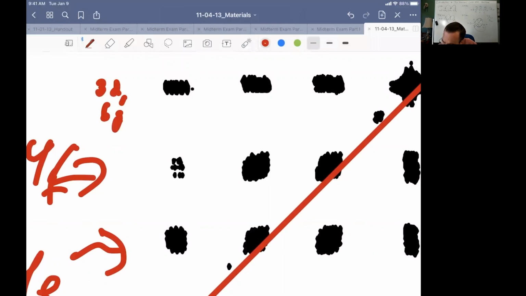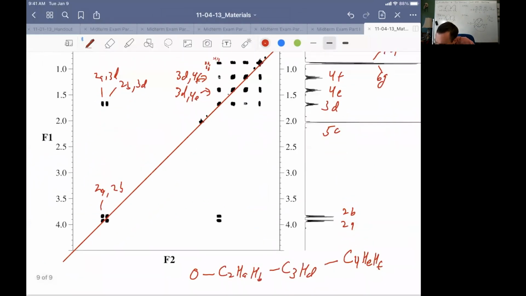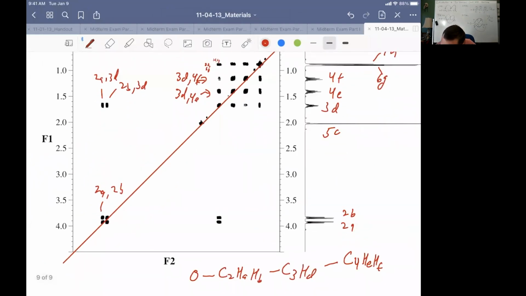I'm going to repeat this with a finer nib. And so we can continue to build up our molecule. C6H3G is attached to HD.